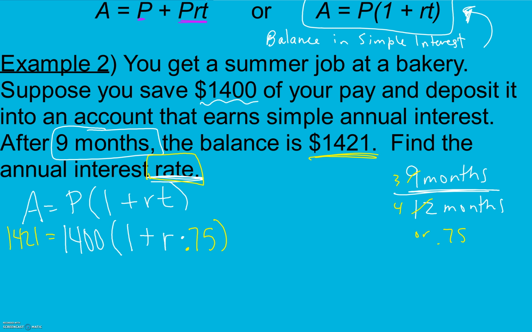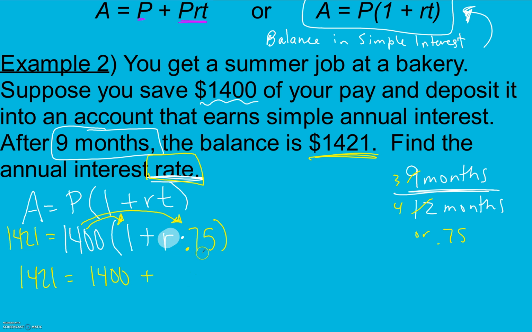We are going to try and get R by itself here. And we have a couple of options. Before we can move from one side to the other, though, we need to simplify everything on the right side. So we can distribute to start with. $1,400 times 1, 1,400 times R times 0.75 here.